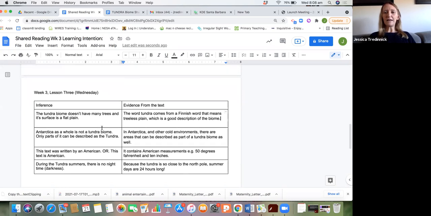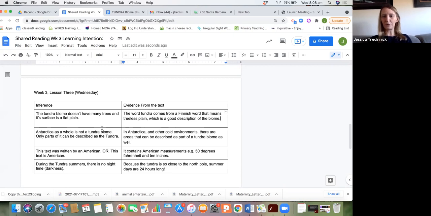So today's lesson, your independent task for today is going to be exactly this. I would like you to go through your text and look for inferences and then find the evidence. You can copy and paste the evidence directly from the text like I did. You don't need to make it up.